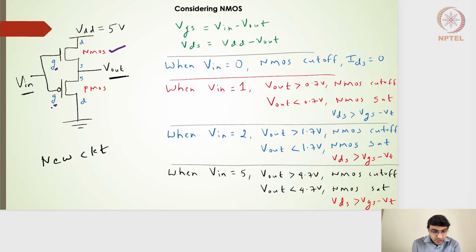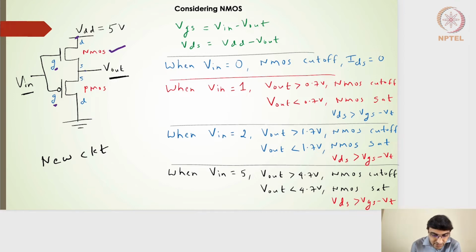Choosing the drain and the source. Now remember, for the NMOS transistor, drain is always the terminal which has a higher potential than that of the source terminal. In this case, the VDD is given to this particular terminal, and that is set to 5 volts. V output can reach 5 volts, but it should always be in between 5 to 0 volts.